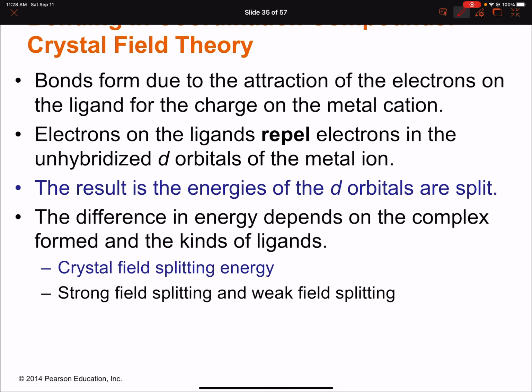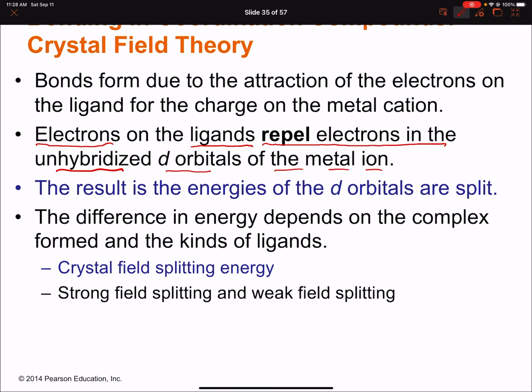The electrons in the ligand, and you know that ligands have lone pairs of electrons on them, and that's how they bond and form a covalent bond with the metal ion. These ligand electrons repel the electrons in the unhybridized d orbitals of the metal ion.